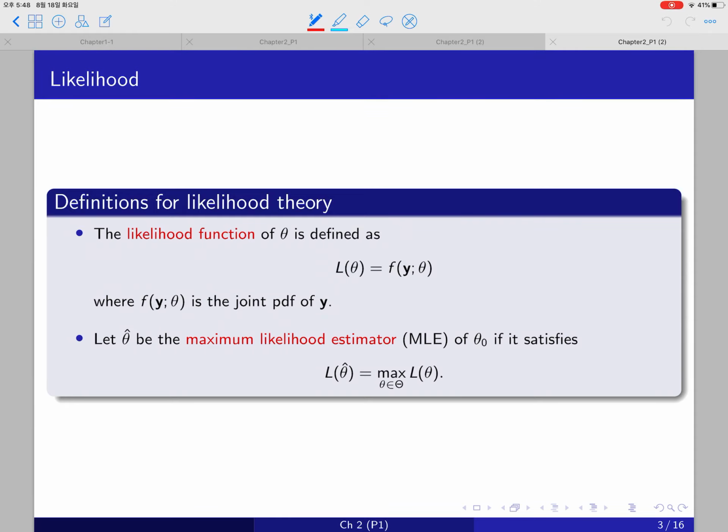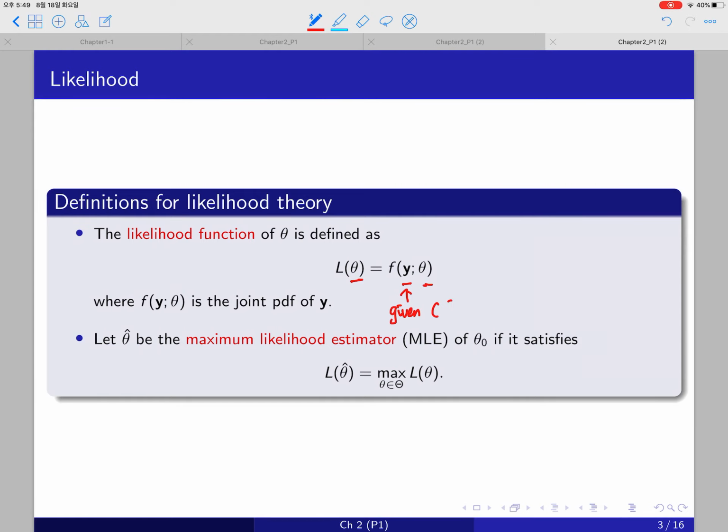Okay, so the likelihood function is nothing but the joint density function viewed as a function of zeta only. Originally it's a function of y and zeta, right? A function of data and parameter, but we treat the data as given. We are not going to vary y.